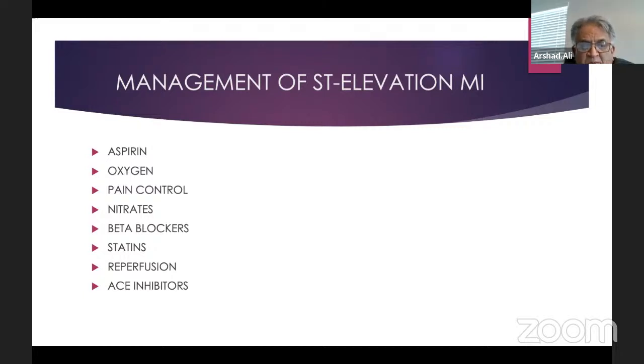In the ISIS-2 study done in the late 80s, they compared streptokinase, one of the fibrinolytics, with aspirin. There were three arms of the study: aspirin alone, streptokinase alone, and a combination of aspirin and streptokinase. What they found was that aspirin alone was as effective in opening up the arteries as streptokinase. It's almost a similar impact, and the combination of aspirin and streptokinase was much better.